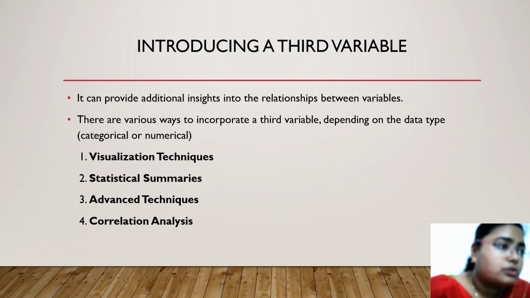Now, the use of this third variable is that it provides an additional insight into the relationship between variables. Now, this third variable can be incorporated in different techniques like visualization techniques, statistical summaries, advanced technique, correlation analysis. Now, visualization technique.